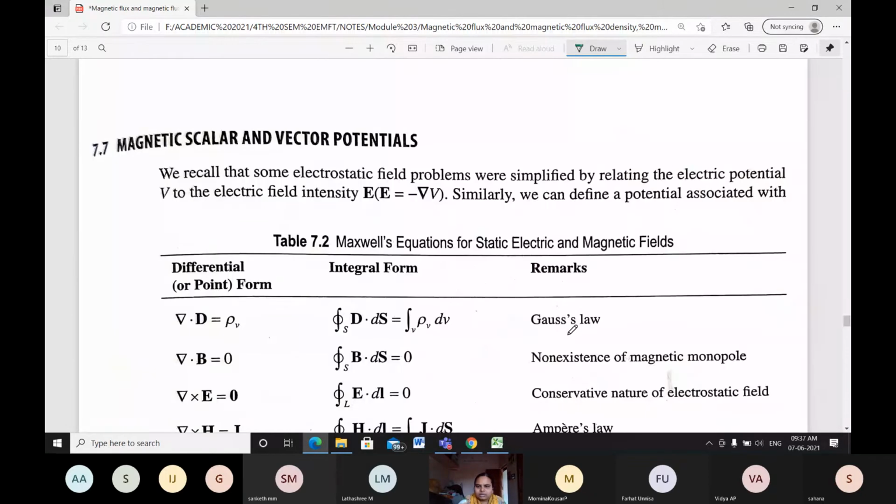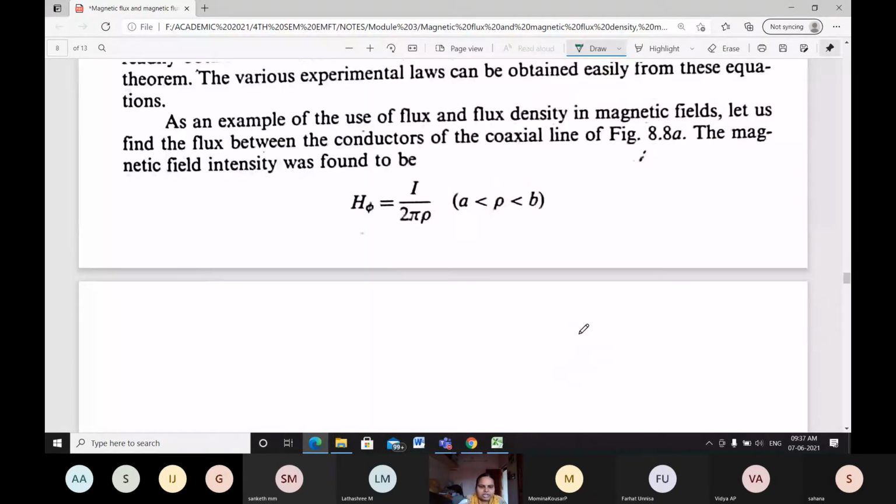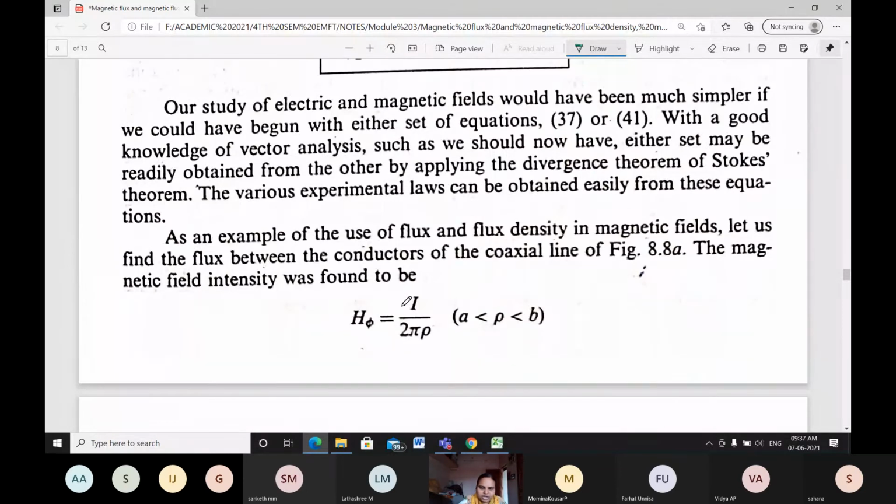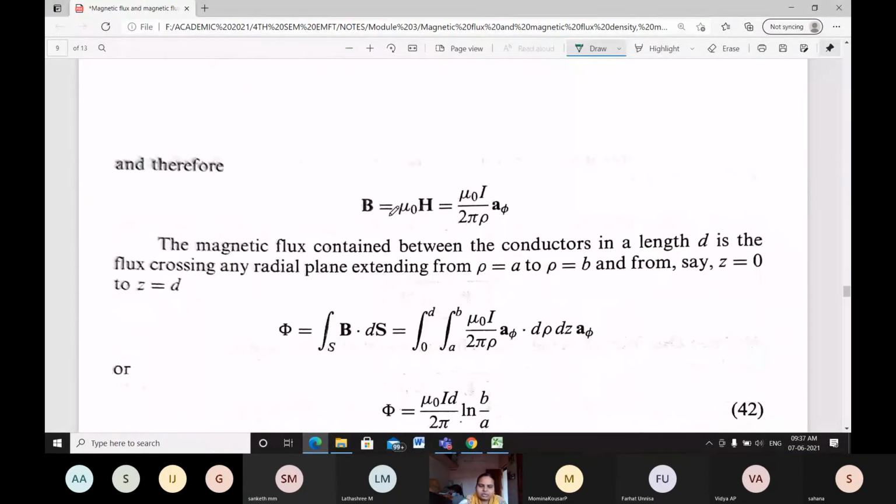The magnetic field intensity is given as H phi equals I divided by 2 pi rho, where rho is between a and b. Then B equals mu naught H, which equals mu naught I divided by 2 pi rho in the a phi direction.